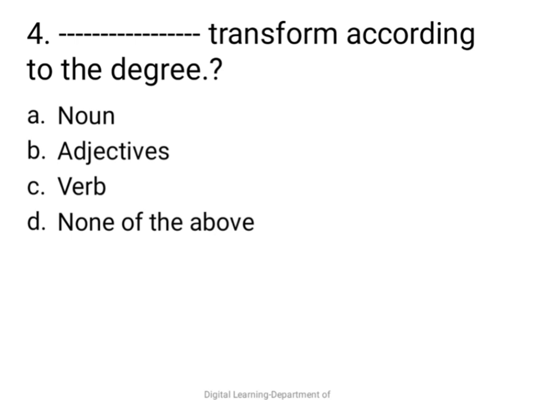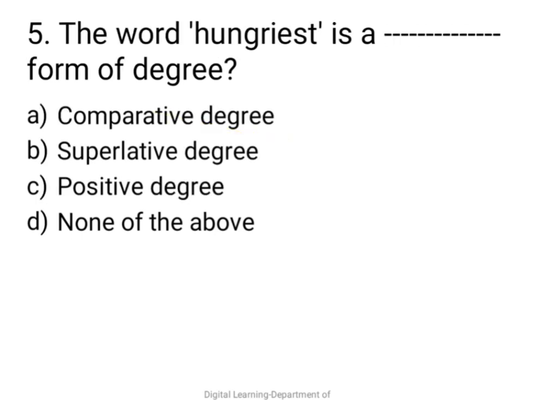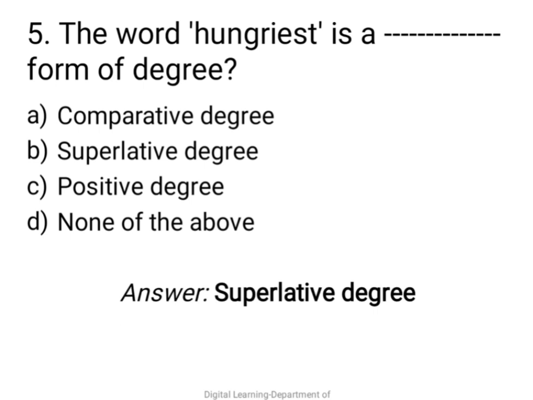The answer is adjectives. So the last question, fifth one. The word hungriest is a dash form of degree. Comparative degree, superlative degree, positive degree, none of the above. What is the answer? It is superlative degree.